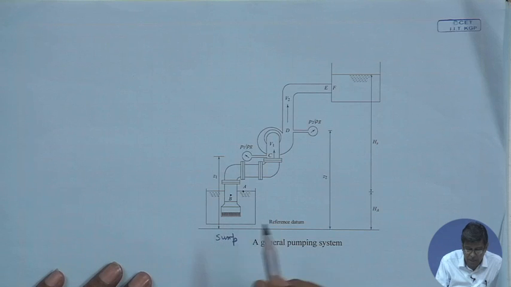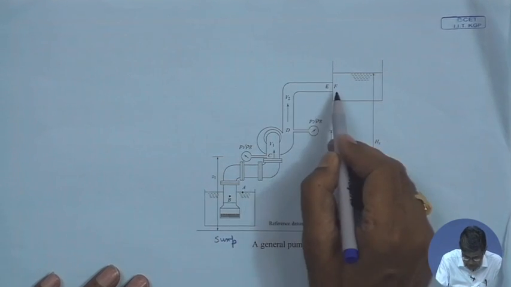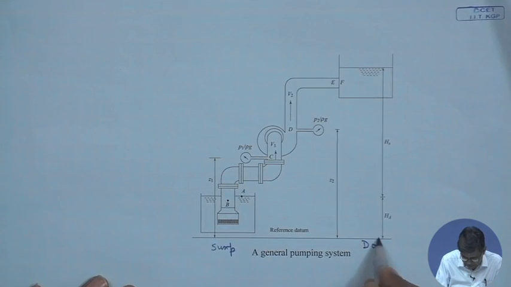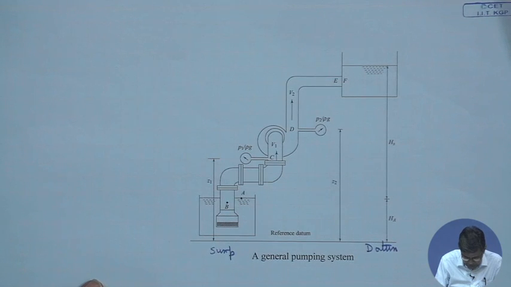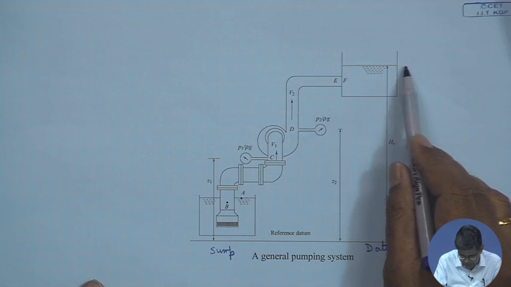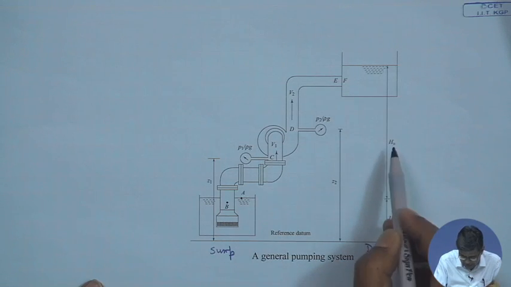Now, if we see the different representative points and see the total energy per unit weight in terms of head, we designate some representative points A, B, C, D, E and F and take this line as the datum. From the datum the free surface in the lower reservoir is at a height HA, and the difference in elevation of the free surface of the higher reservoir and the sump, the lower reservoir, is HS.